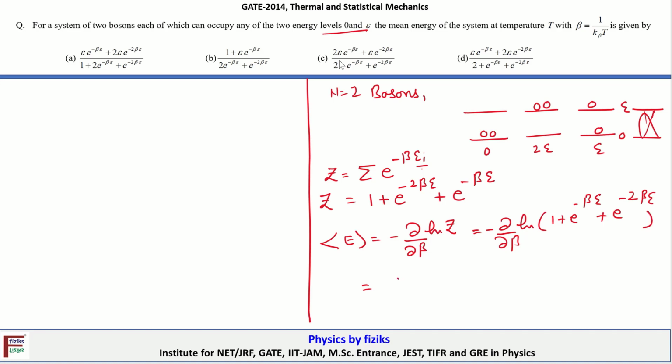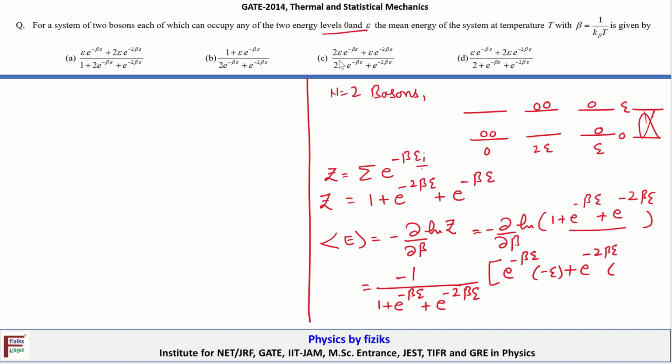Okay, and that is equal to minus 1 upon (1 plus exponential minus beta E plus exponential minus 2 beta E), and then again the differential of these two terms. So that will give us exponential minus beta E multiplied by minus E, plus exponential minus 2 beta E multiplied by minus 2E.